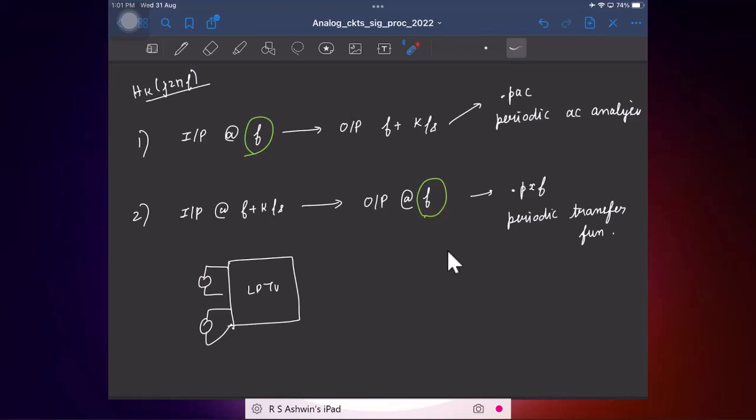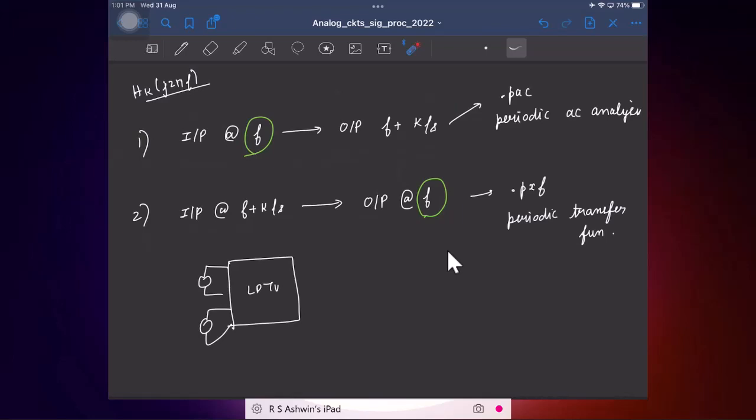Okay? And basically you need two different simulations here, because in the first case I have to apply an input at a frequency f, one experiment, and then I'll find at the output what the frequency components present are. But for the second case, I have to apply an input at f plus kfs, which means I have to do multiple experiments and then find the output at a frequency f.